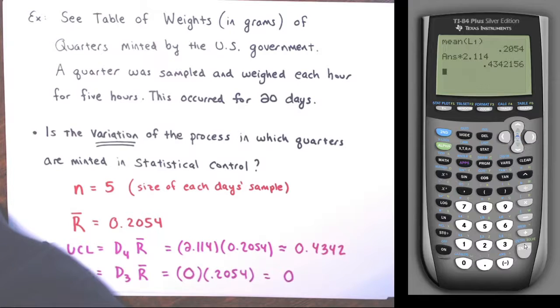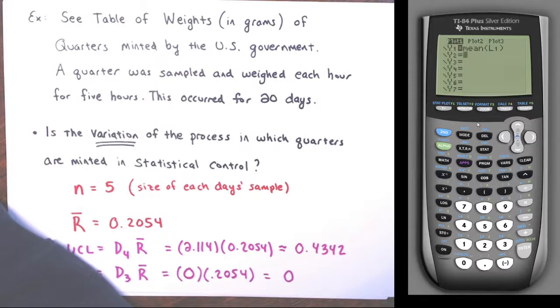Okay, so all I'm going to do is graph all those lines. I hit the y equals again. There's the center line, y equals the mean of the ranges. Then I'm just going to put in the upper control limit, because the lower control limit is just y equals 0.